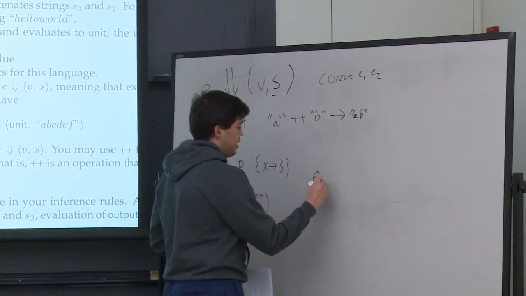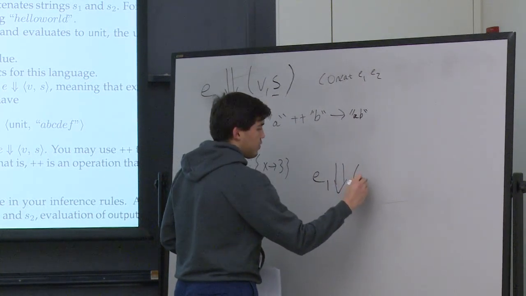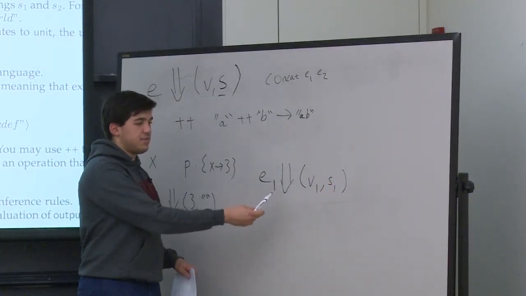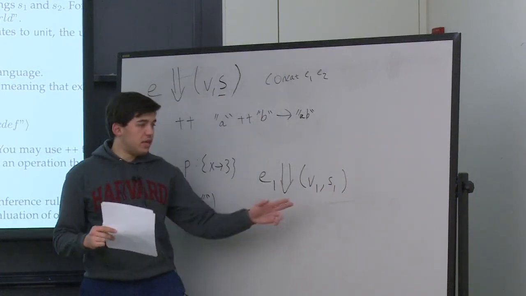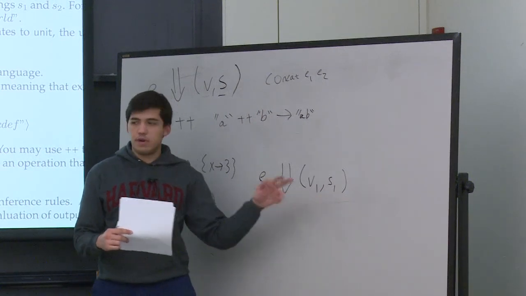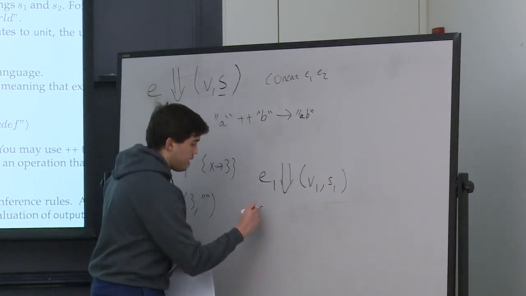Let's say E1 large steps down to V1 and S1. Here S1 might either be an empty string, or it might be the string XYZ.